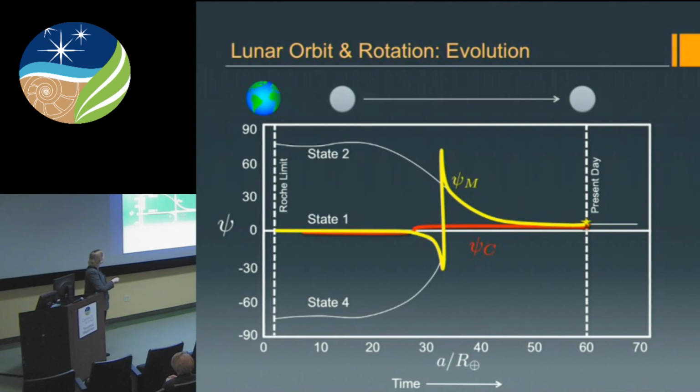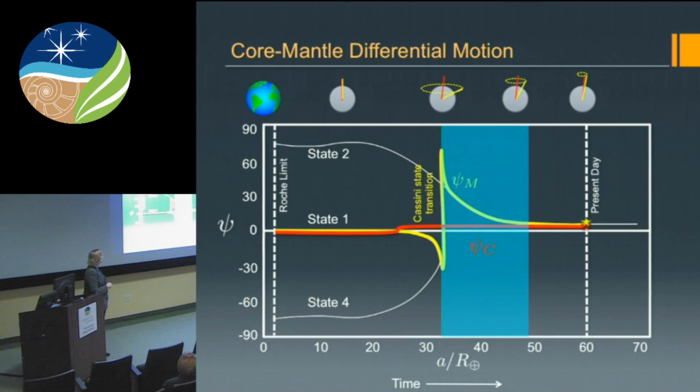So you can see that there's going to be a time period from about 30 till about, say, 45 or so Earth-Moon separation radii, where the core and the mantle have a large angle of separation between their spin axes. So there's the core-mantle decoupling. This is the time period that we're interested in for the precessionally driven dynamo scenario, because in order to get energy into the core from the mantle, you want to have a large differential rotation angle between those two. So this is the time period we're going to focus on here, just after the Cassini transition.